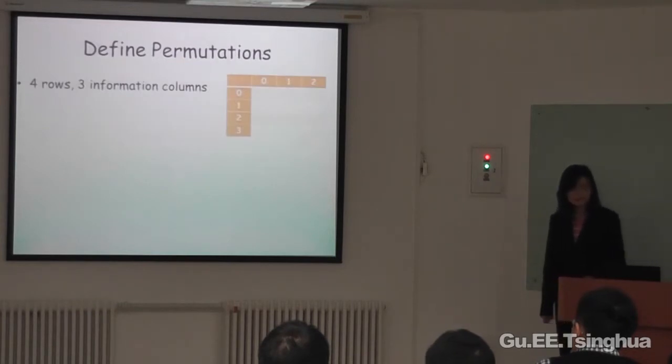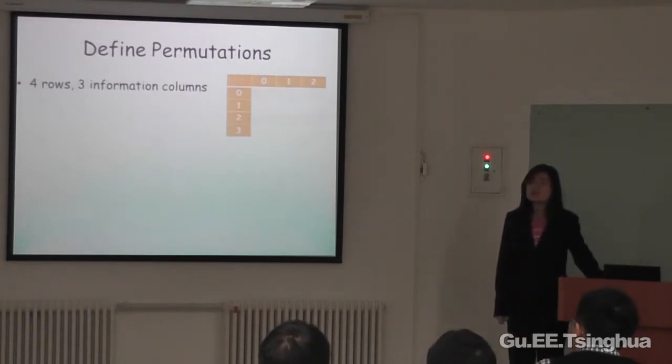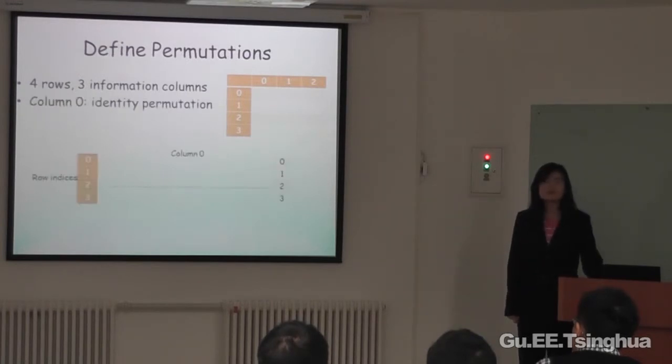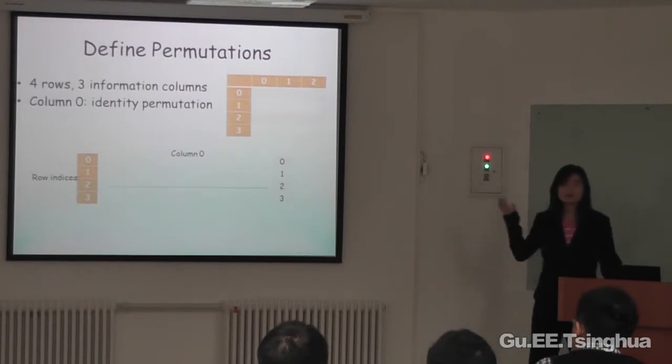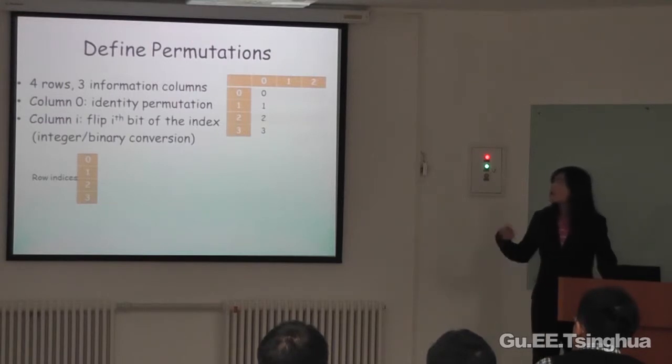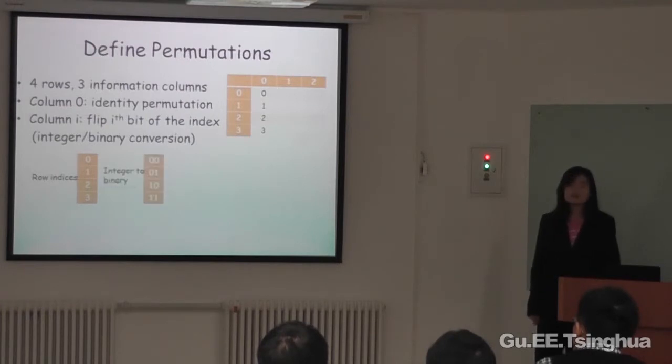And here is the solution. This is how we define permutations. Suppose we have 4 rows and 3 information columns. For column 0, I'm going to use the identity permutation. For column i, I'm going to flip the ith bit as follows. I read the row indices, change them to binary, and then for column 1, I would flip the first bit.